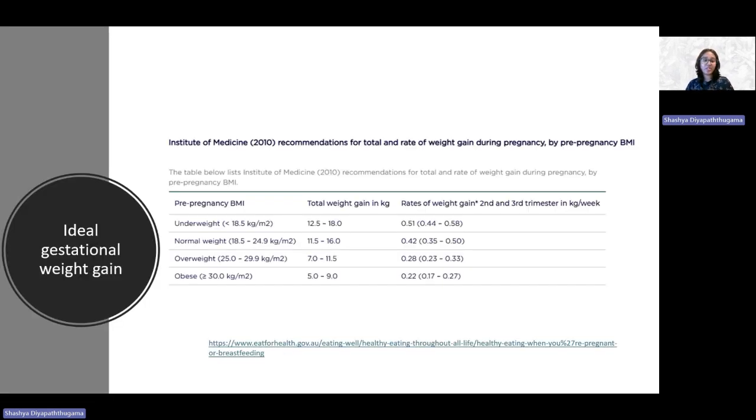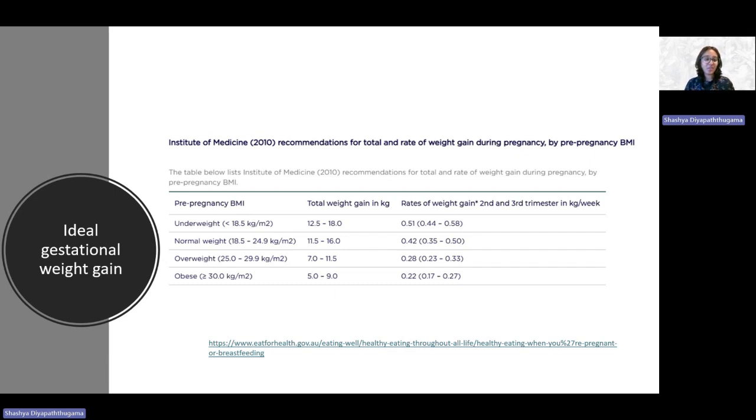Before moving on to gestational diabetes, we would look at the ideal weight gain during gestation. The weight gain that should happen during the pregnancy depends on the pre-pregnancy BMI.